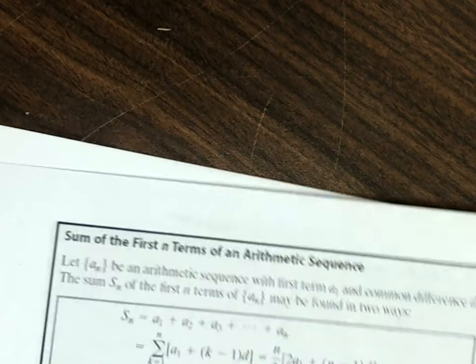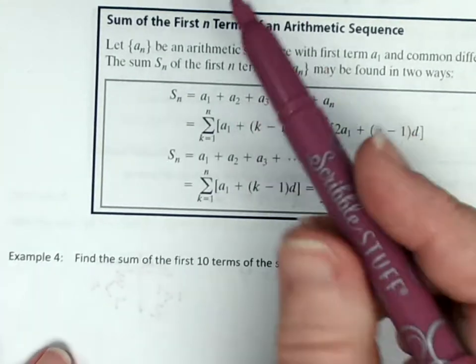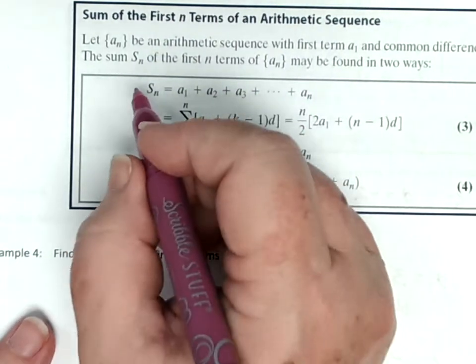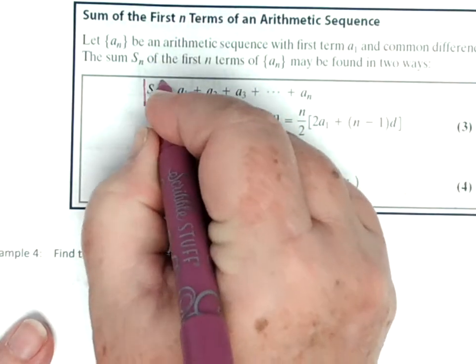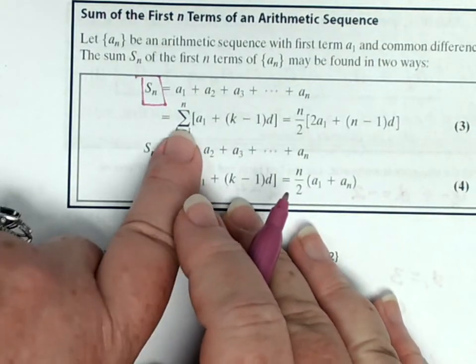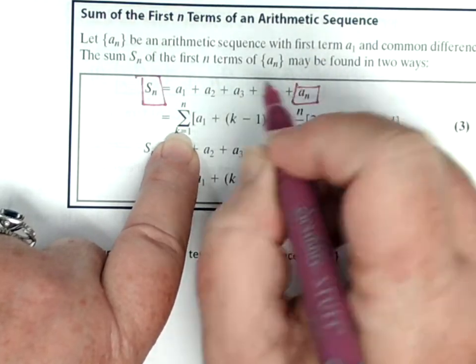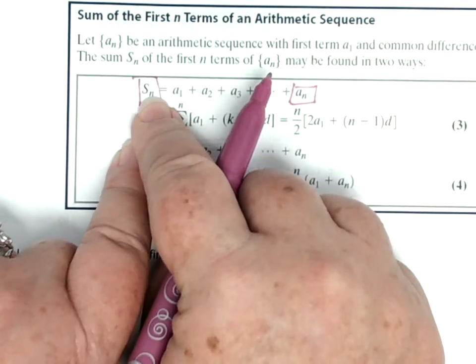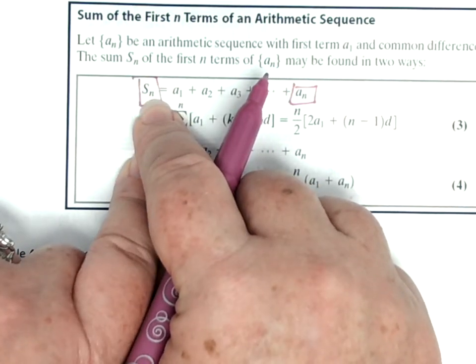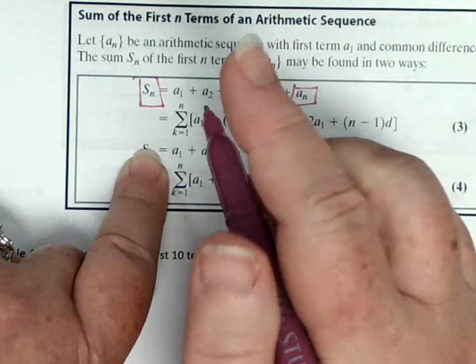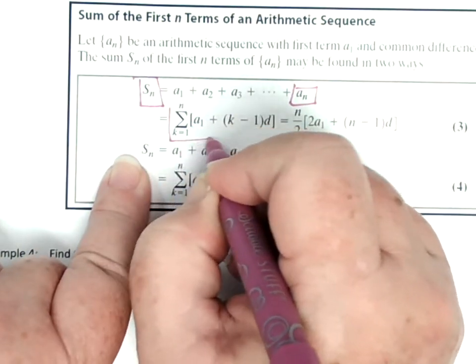Okay, last section, summation. The sum of n terms. We know how many terms we have, and we want to find the sum. If we have a sum of terms listed out, it's this formula.